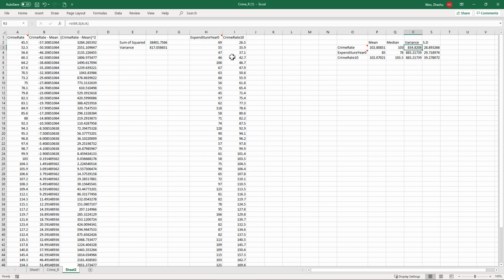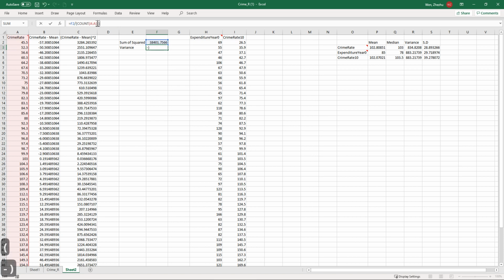If you're here, oops, there is a slight difference here. What is the reason? Okay, remember when we calculated this, we considered this as the sample data. However, when I did this, I considered this as population data because I did not do the minus 1 adjustment.